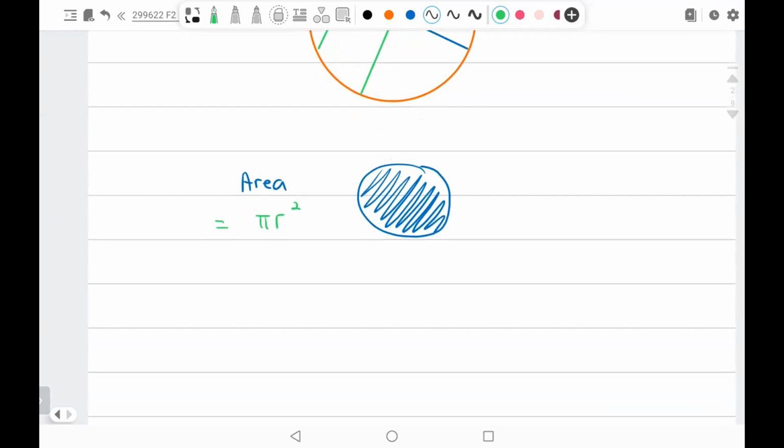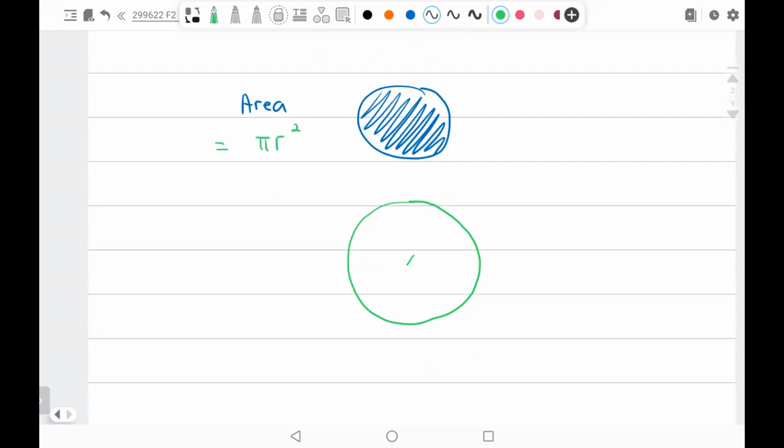So what about part of the area? Let's say we draw a circle again with a center. If we draw two radii, the region covered by the two radii is known as a sector.